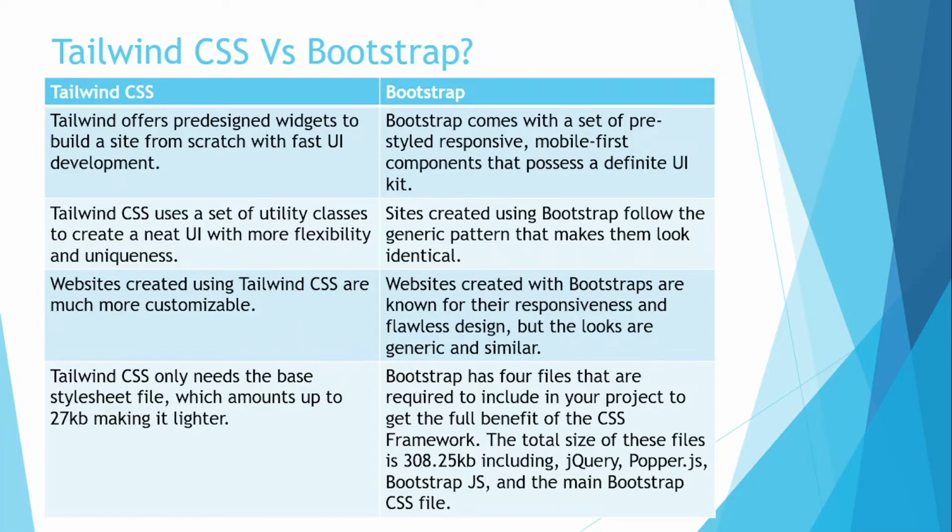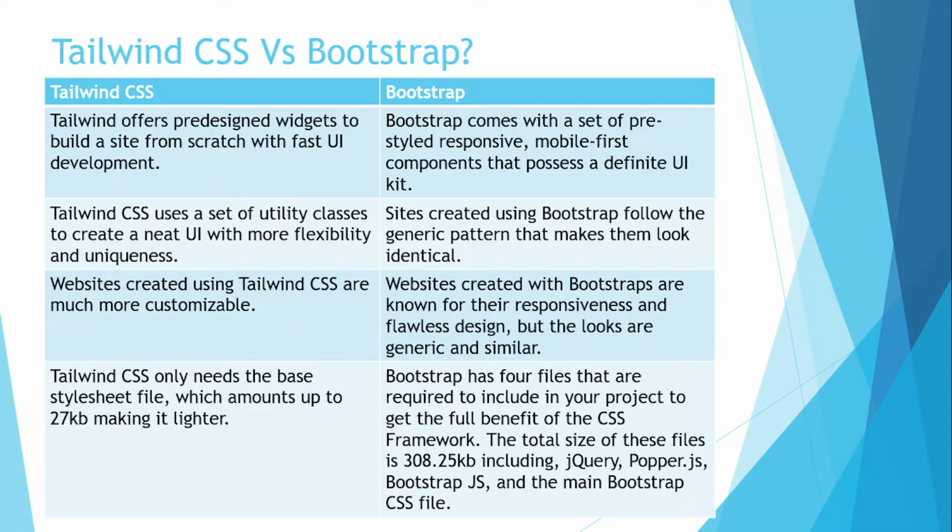Basically, you will feel that all the Bootstrap websites look similar, and they share the same design pattern. But in Tailwind CSS you have the freedom. You can change your styling however your theme requires. For example, if you are creating for a certain theme, you can change the style of your components according to the theme of your website.